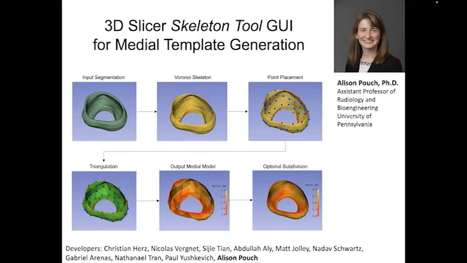Then you can generate a medial model in the right format. It can apply subdivision. It can inflate it as well to give you a boundary model. So it's a nice tool. It's still in development, but Alison's working on a paper describing it, and it should be coming out pretty soon.